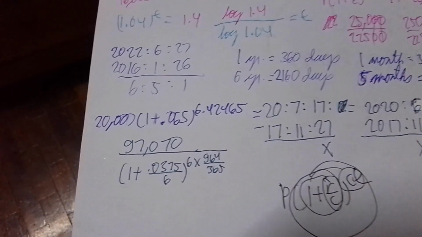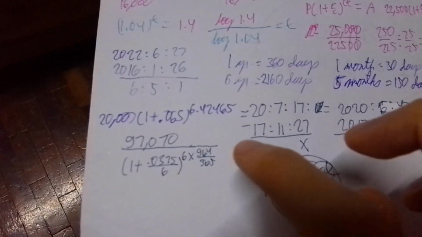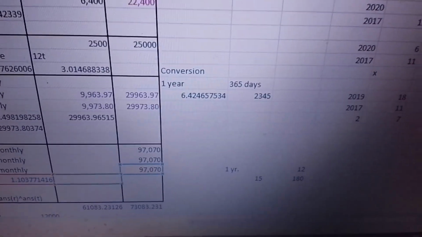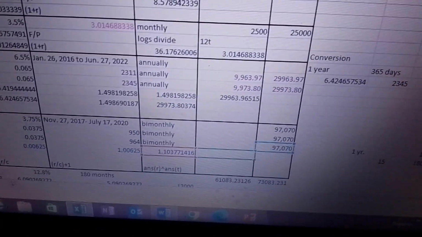Right? So that's what I did. Remember, the first step is I did the exponents first. And then this one, then add 1, and then the answer. And then the last step is the future value, which is 97,070 pesos, divided by our answer. So that should be what's the answer?